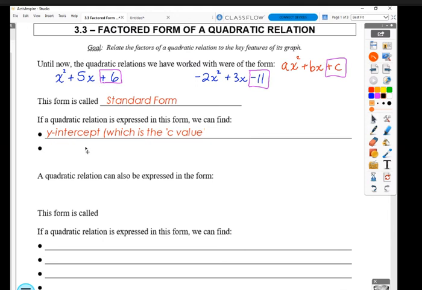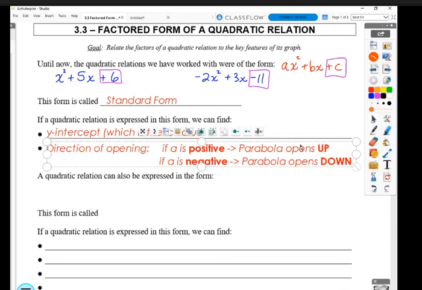The other thing it tells you is whether the parabola is opening up or opening down, and that's based on the a value. If that a value is positive, it opens up. For example, I know there's no coefficient here, but we know it's positive 1, so that quadratic is opening upward.